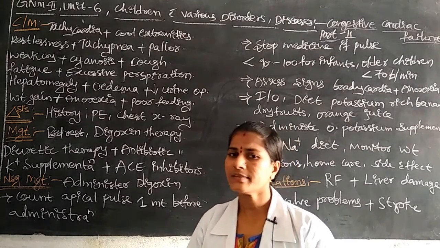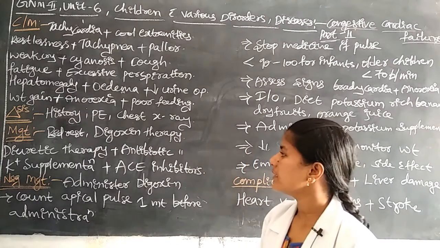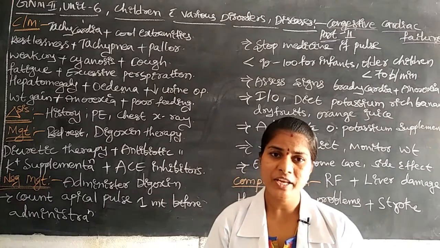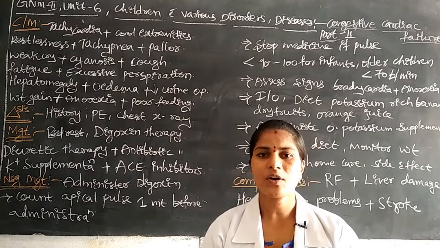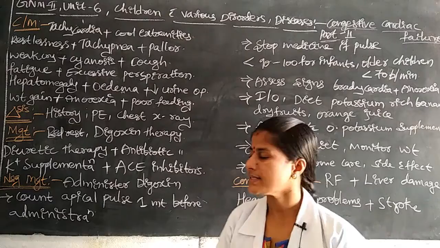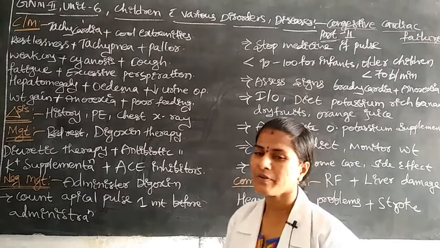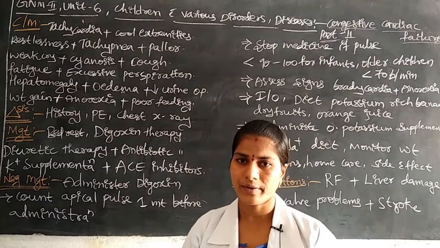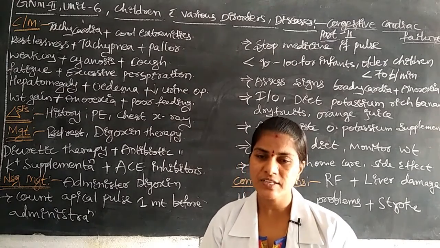Okay, next another one is that we have to administer digoxin therapy. Why? Because this is the best medication for improving heart functioning. Next another one is diuretic therapy. Why? Because diuretics increase excretion of urine and improve renal function.